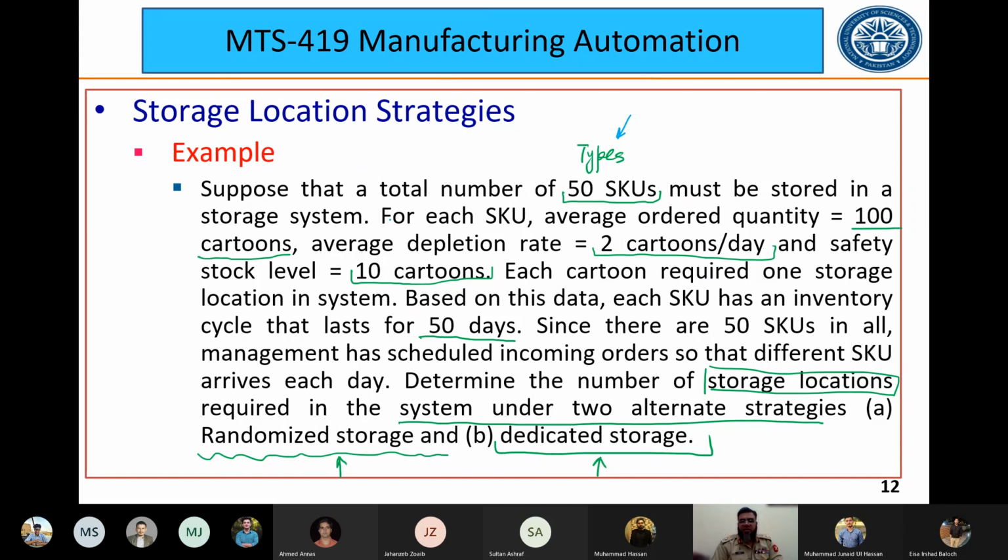Based on this data, each SKU has an inventory cycle that lasts for 50 days. What does this mean?